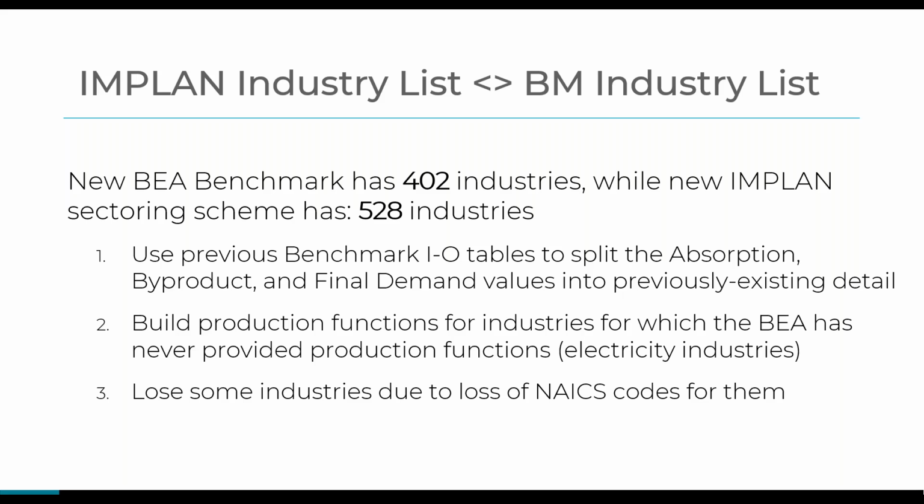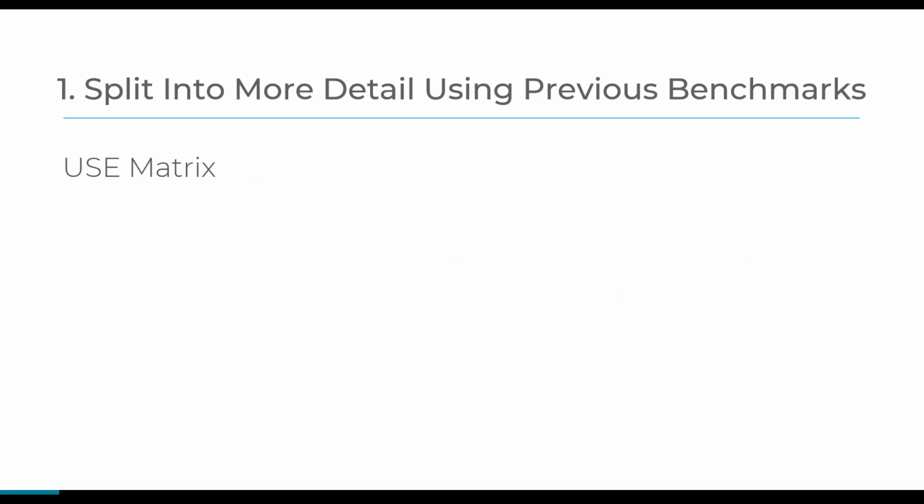And if we don't have a NAICS code for that industry anymore, we can't at IMPLAN have that as an industry, because we won't have annual data for that industry. If there's no NAICS code, we're not going to have Bureau of Labor Statistics CEW employment and wages data for that industry, and therefore we just can't have it exist. So we have cases of all of these this time around, and we're going to talk about them.